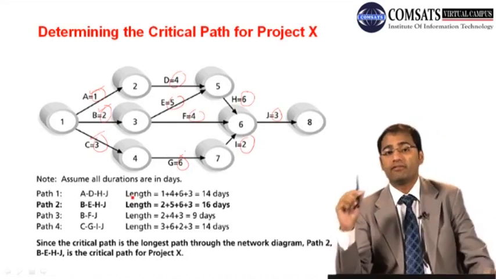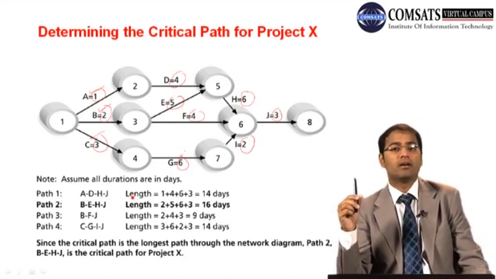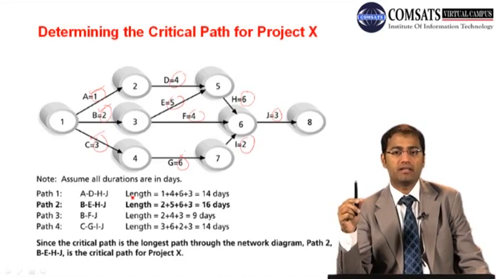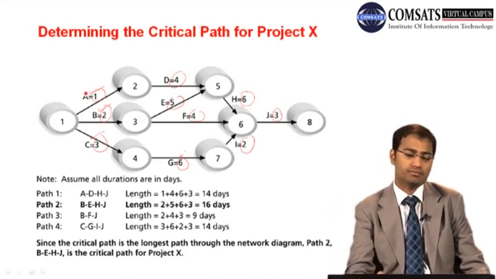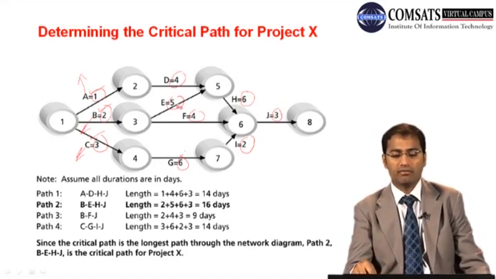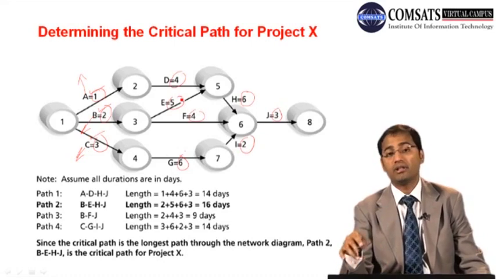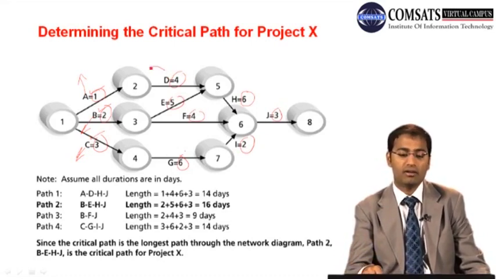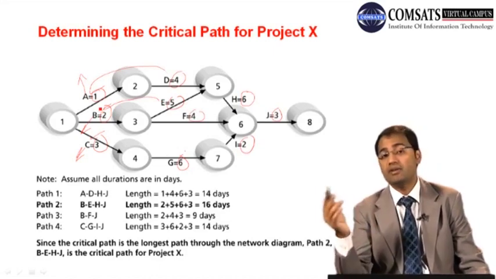Remember, the first part of the process of time management is activity definition: A, B, C, and they are dependent on each other, D is dependent on A, E is dependent on B, along with the activity attributes.